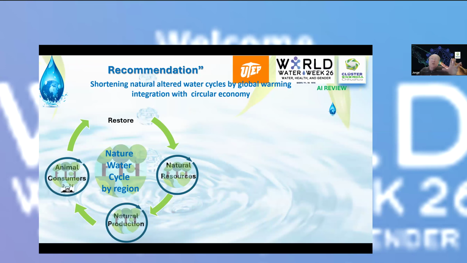We also need to take care of our animals that are helping us to restore the water cycle, and finally we're going to restore. This is the plan in a very short way to recuperate the levels of the water that we are drinking in the reservoirs.